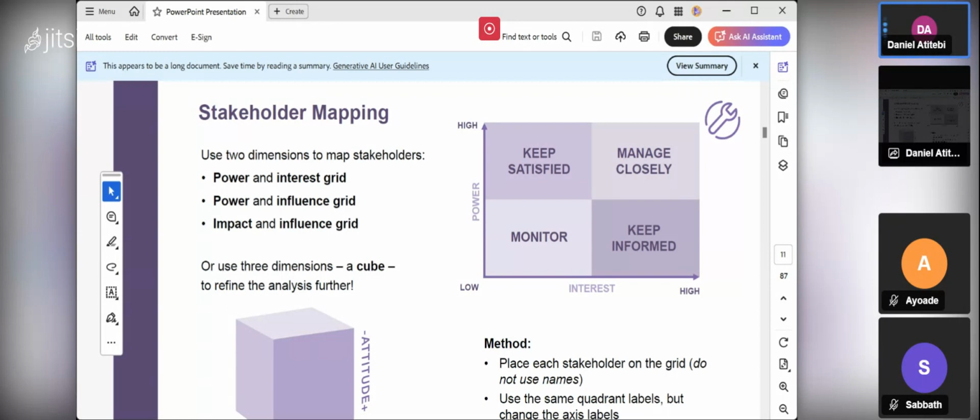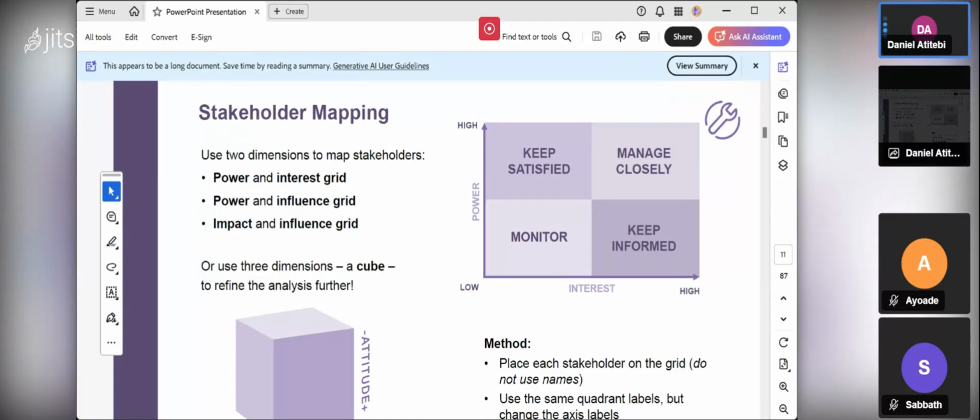It's not a threat to your project. But sometimes when you reach a stage, because your project is something you do continuously until you finish, there may be a particular stage in your project whereby it can move from that stage to another stage. It can become a stakeholder that has high power and high interest.